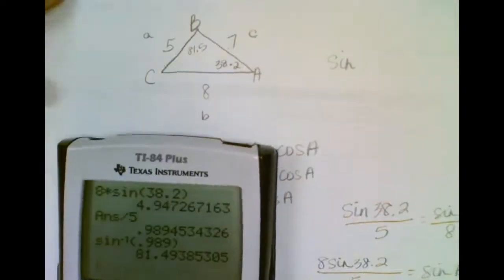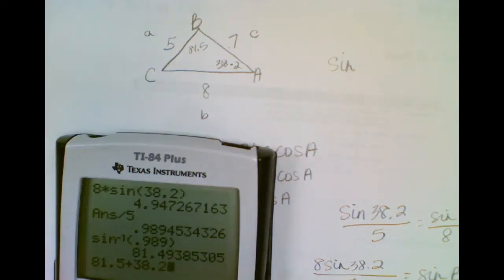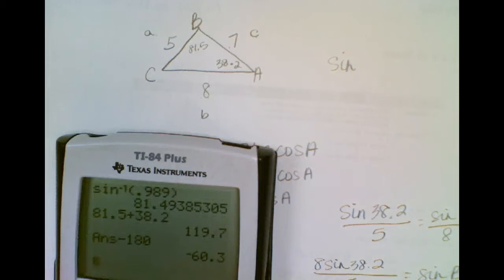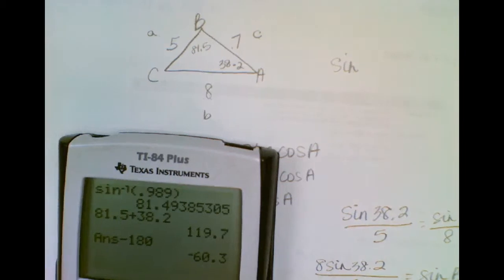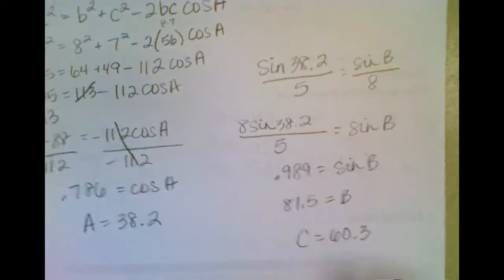So now the nice thing is, how can you solve that for C? You can just add that to your A value, which was 38.2, subtract those from 180, and you would get, for your C value, 60.3.